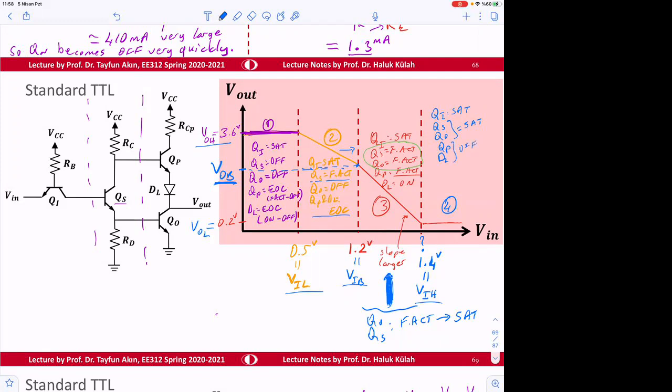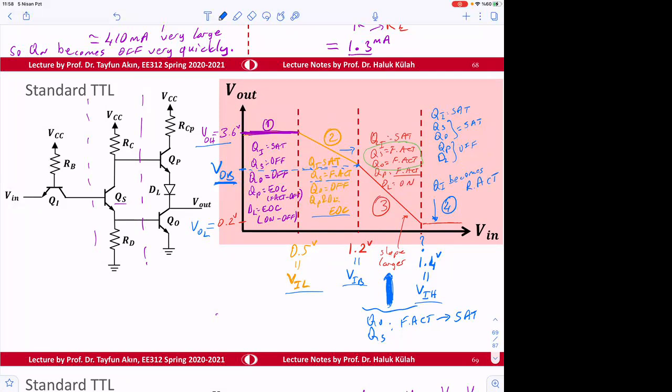Okay, so that's the states of the transistor, and after a while, QI becomes reverse active.